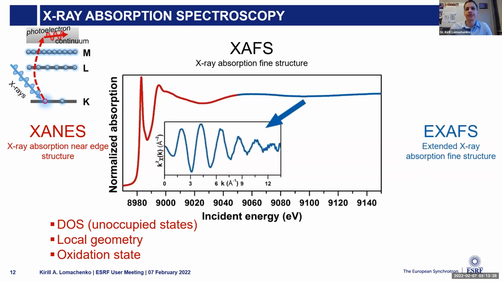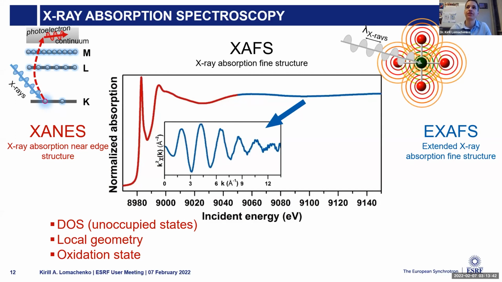The other part, the part further away from the edge, this oscillatory part, is called the extended X-ray absorption fine structure, EXAFS. And as I said before, it's due to the interference between the outgoing photoelectron waves and the backscattered ones. So that's what creates these ripples.